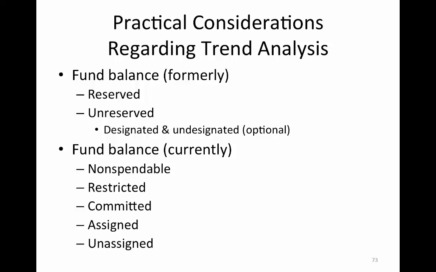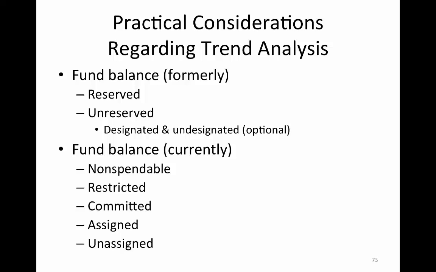One is that by definition they don't happen to line up directly, and secondly, part of the reason why we have these new classifications of fund balance is that the old classifications were poorly applied across the board by governments. There was a very large proportion of governments that were making mistakes routinely in how they determined whether fund balance was reserved or unreserved.